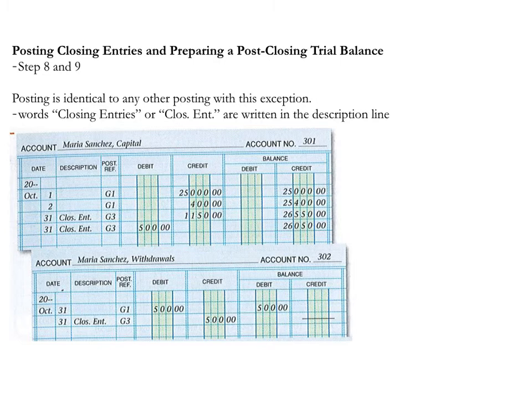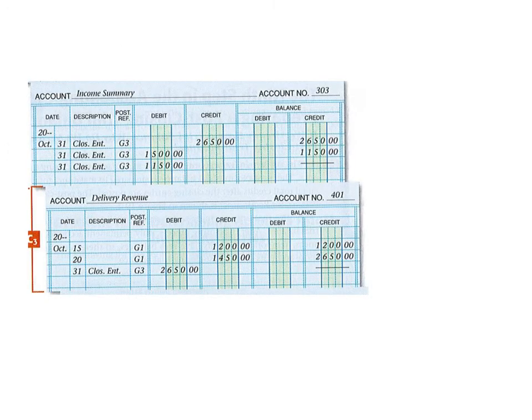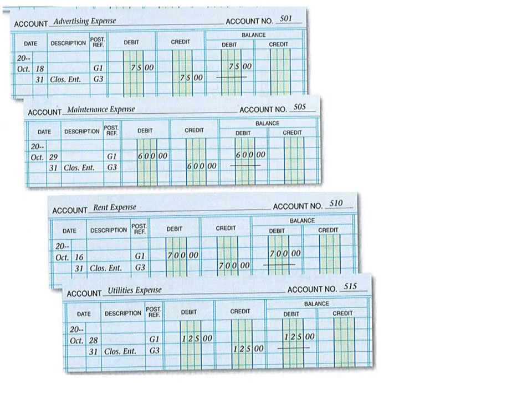And again, that gets written in the description line, and you can see the example there. Here we have the general ledger for capital and withdrawals. Here you see the general ledger for the income summary and the delivery revenue, again with the closing entries in place. And here we see the expense accounts with the closing entries in place.